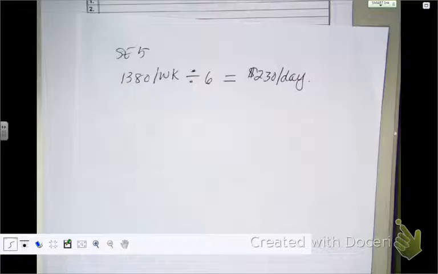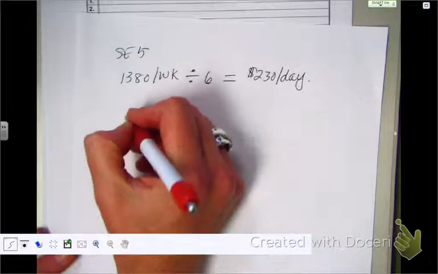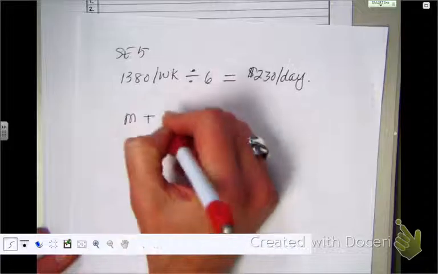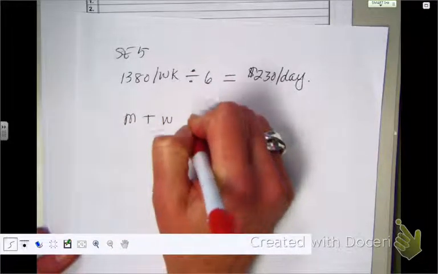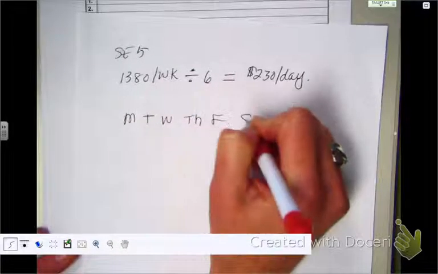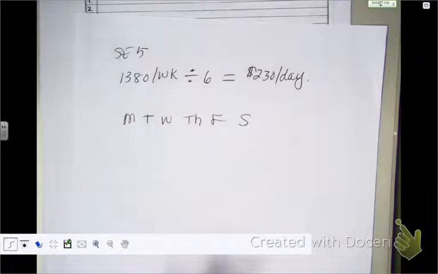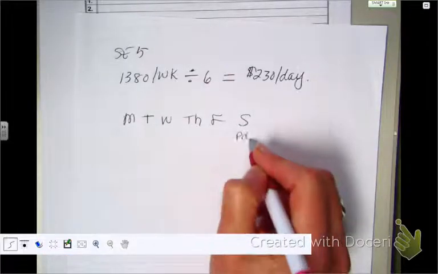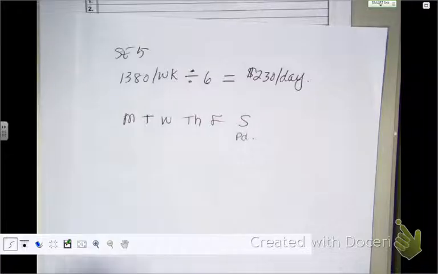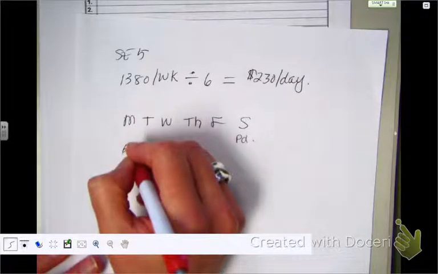So when are we getting paid? When does it say we get paid? We're going to get paid on Saturday. Okay? So if we do this as Monday, Tuesday, Wednesday, Thursday, Friday, Saturday, right? We get paid on Saturday. This is going to be June 30th.